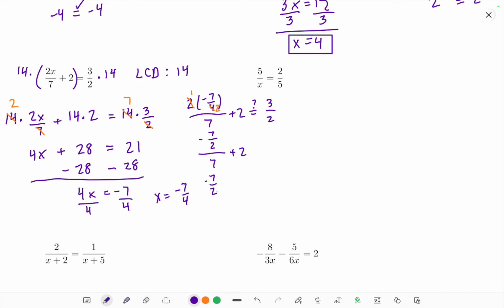That's -7/2 times 1/7 plus 2. The 7's cancel out. We get -1/2 plus 2. But since I need to add it to -1/2, 2 is the same thing as 4/2. And then -1/2 plus 4/2 is 3/2. So it does check out. x equals -7/4 is our solution.